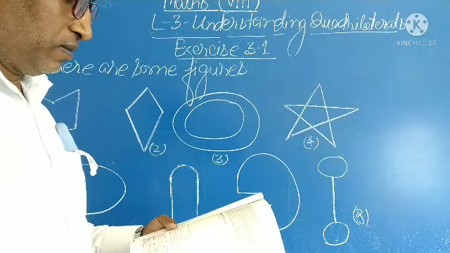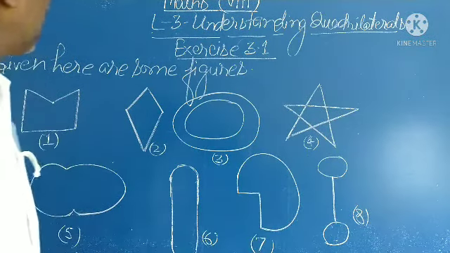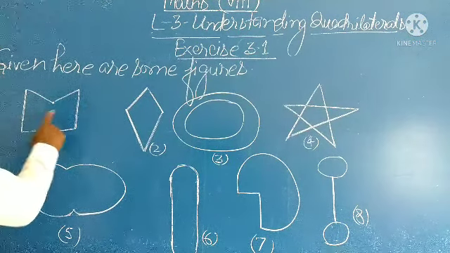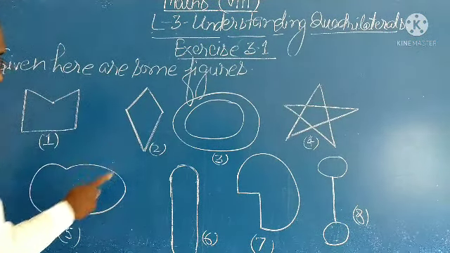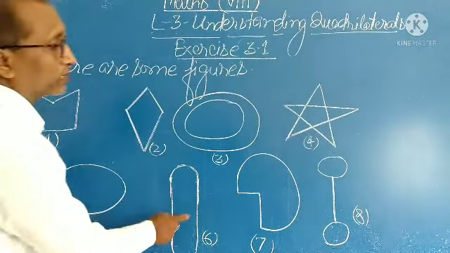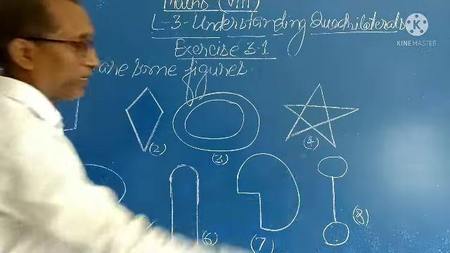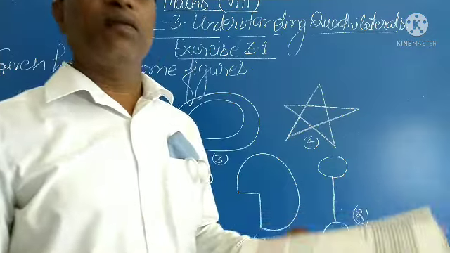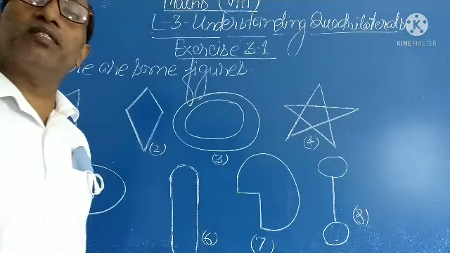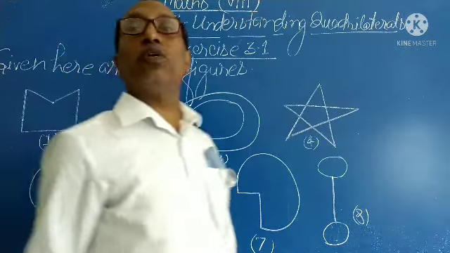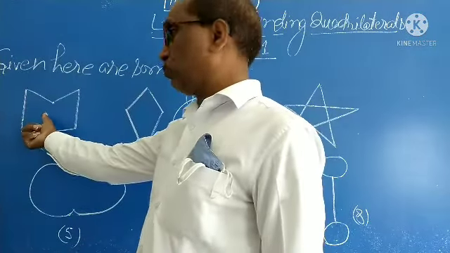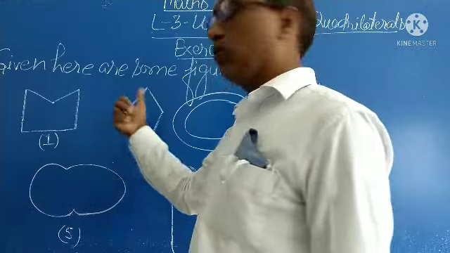And second, simple closed curve, that is also figure 1, figure 2, figure 5, figure 6, figure 7. And next, polygon means the figure which is totally made up of line segments, that is 1 and 2.